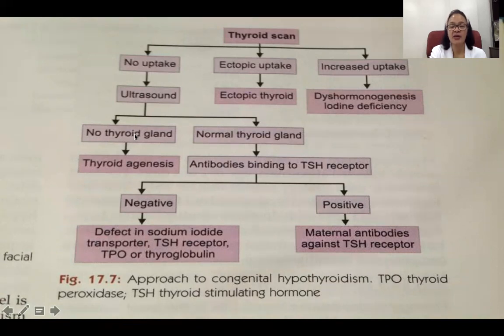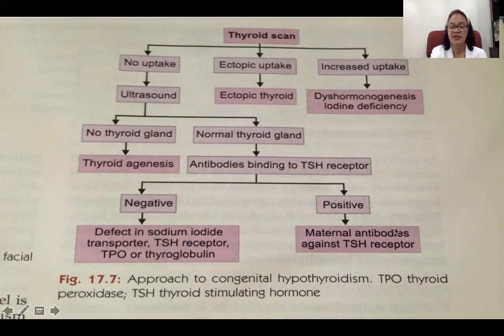If there's no thyroid gland, you have to think of a possible thyroid agenesis. If the thyroid gland is normal, still check for antibodies, because you might be dealing with the presence of antibodies. If it's negative, you might be thinking about this, okay?